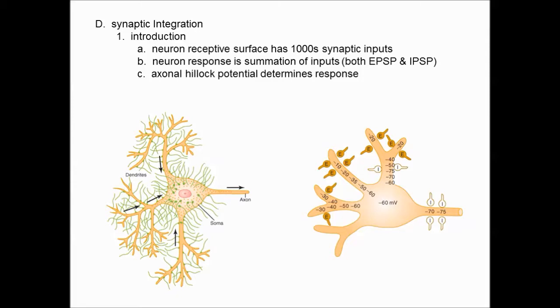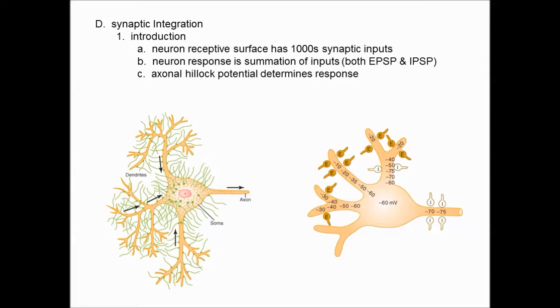What happens finally is a result of the sum of all those inputs, and that is summed right here at this area called the axon hillock. If that cone-shaped area that goes into the axon reaches threshold, then that neuron will fire an action potential and send information down the axon.